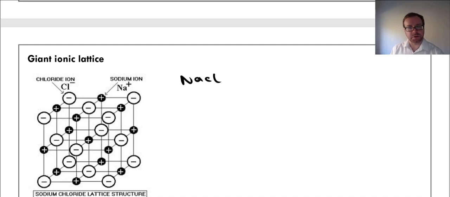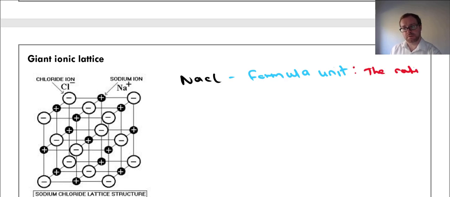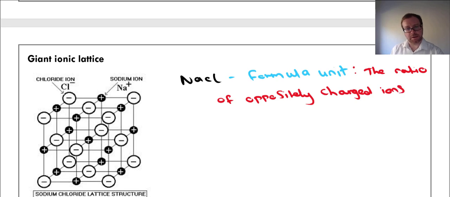Okay, so we know that our formula for sodium chloride is NaCl. Now this is important. What this actually shows is something called a formula unit. Now a formula unit tells me the ratio of oppositely charged ions in the compound.